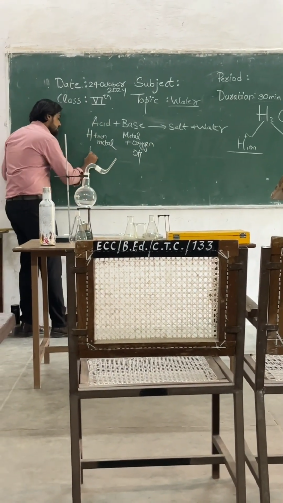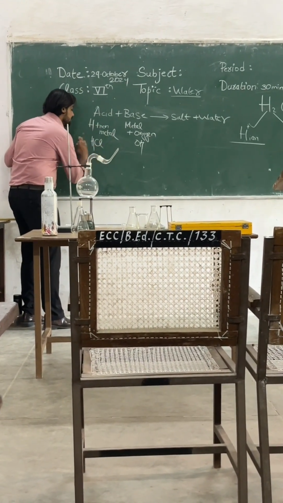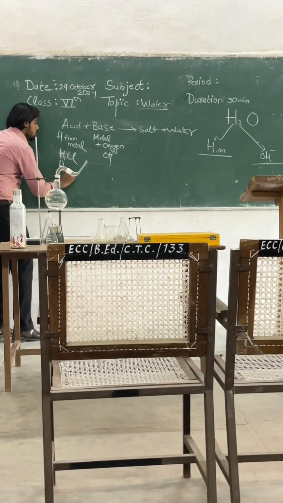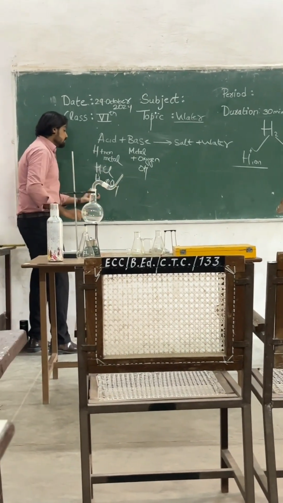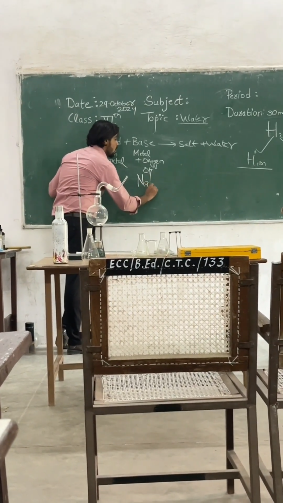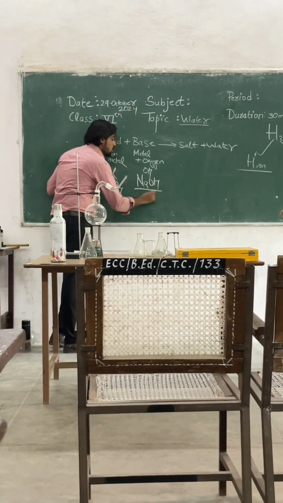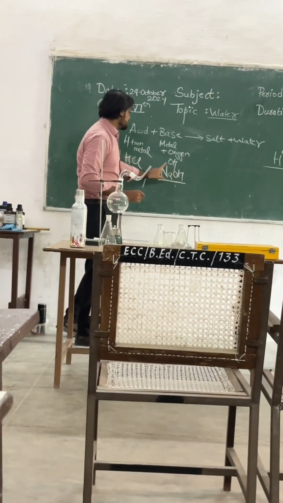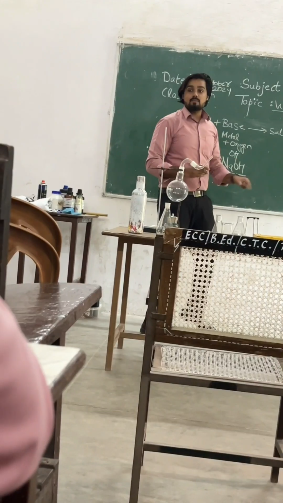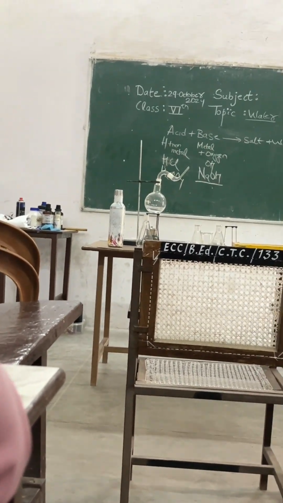Example: HCl, hydrogen plus non-metal, is an acid. H2SO4, hydrogen plus non-metal, is an acid. Similarly, NaOH, metal plus OH, is a base.